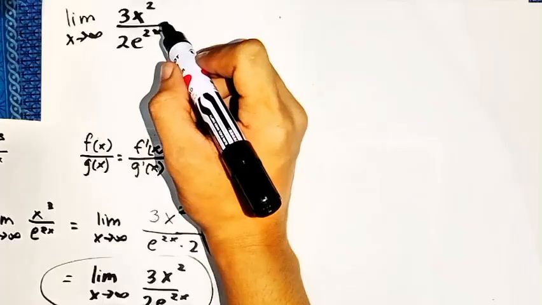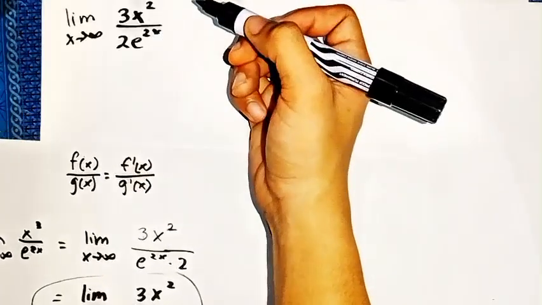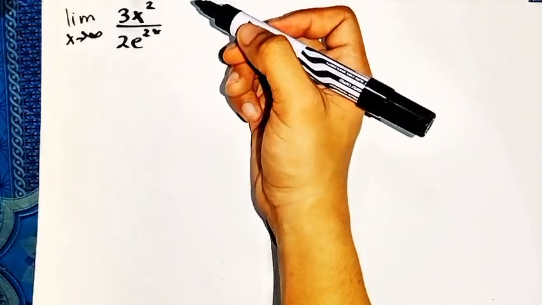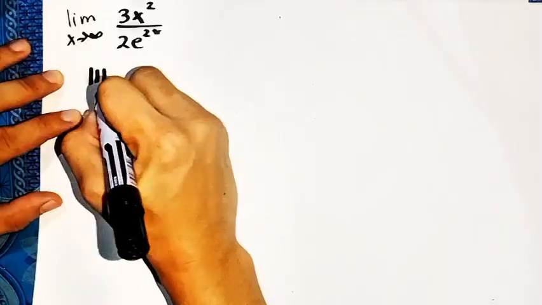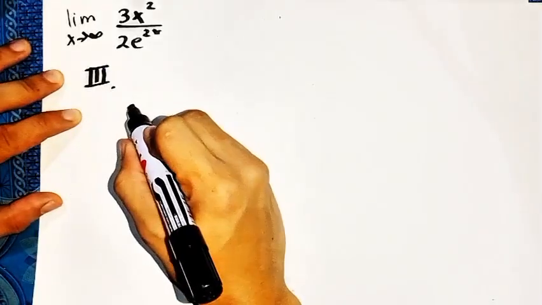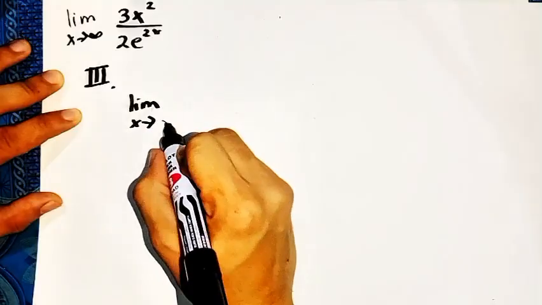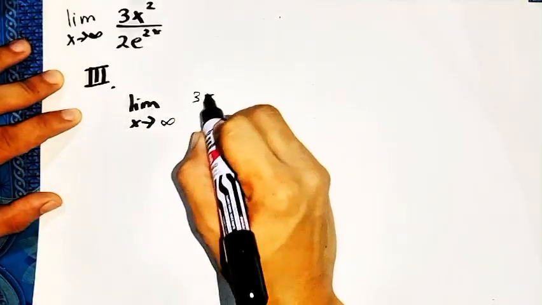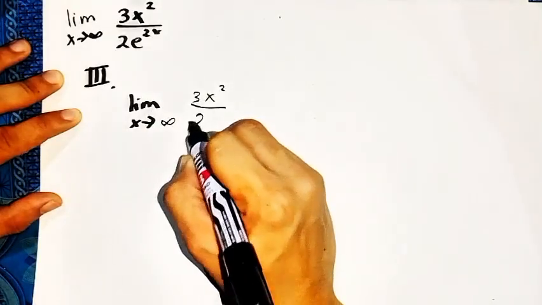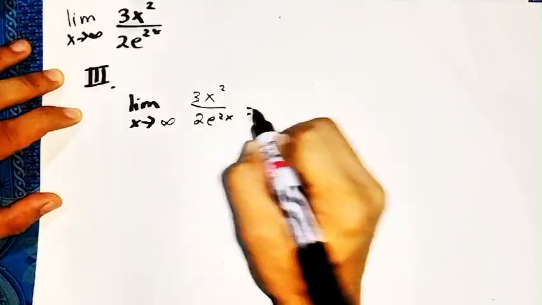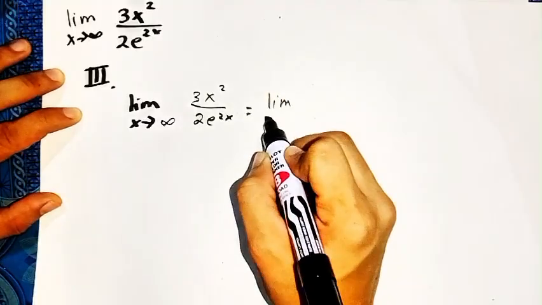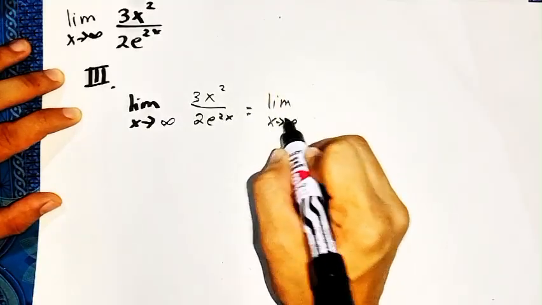So let's apply again the L'Hopital's rule. Copy limit x approaches infinity, 3x squared over 2e to the 2x is equal to, copy the limit x approaches infinity.